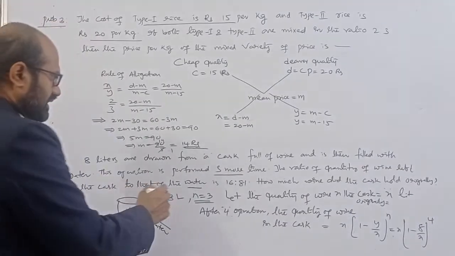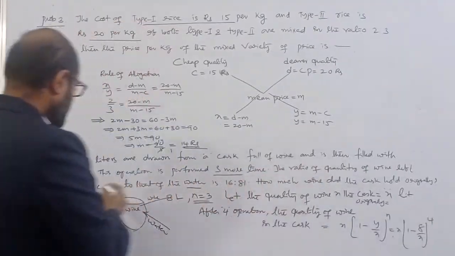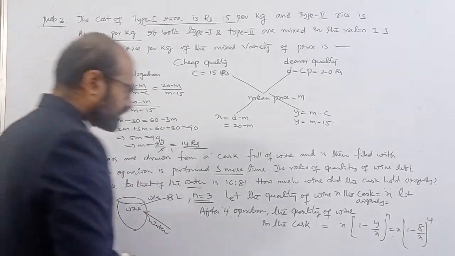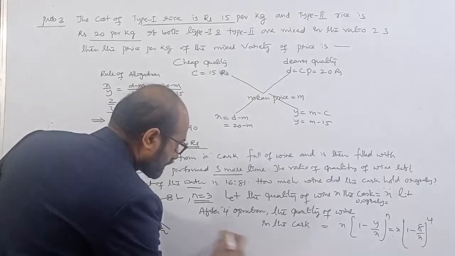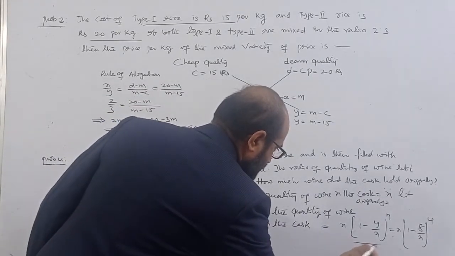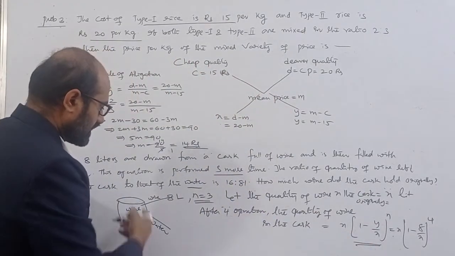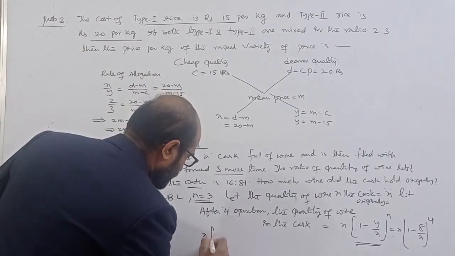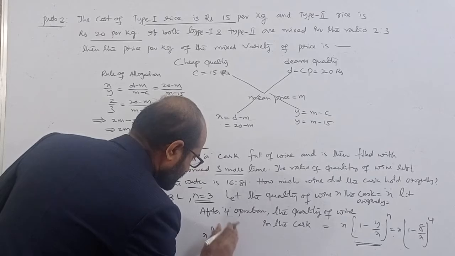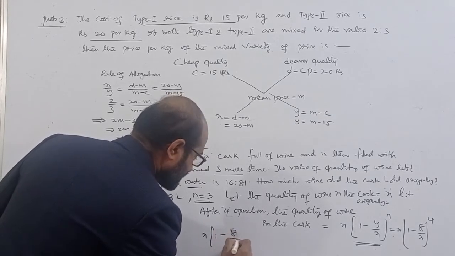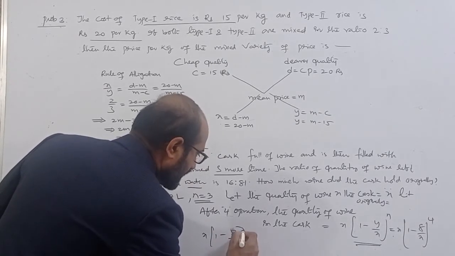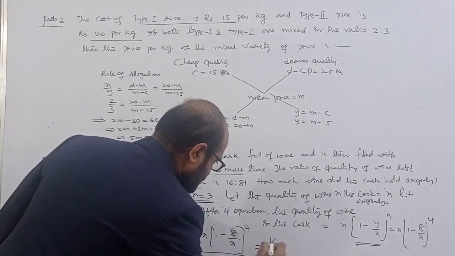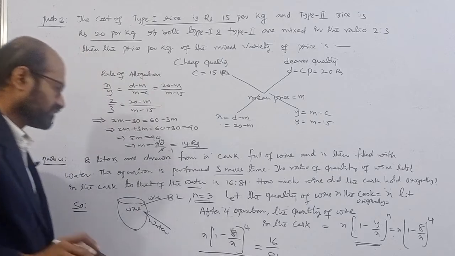Now it is given that the ratio of the quantity of the wine to the water is 16:81. So the ratio is x into 1 minus 8 by x whole power 4, divided by x, equal to 16/81, right?